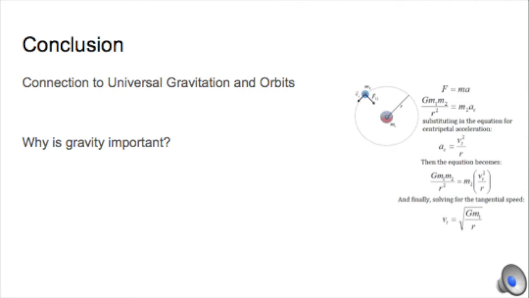So the force of gravity equals the mass times the acceleration of an object trying to escape the planet, and the acceleration is actually a circular acceleration, so v squared over r, and from this we can solve for escape velocity.